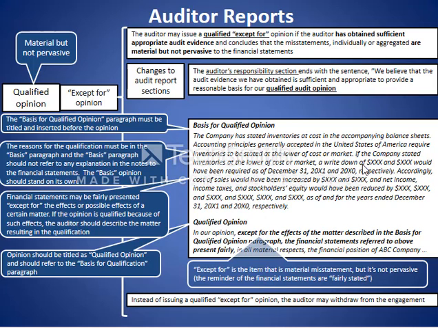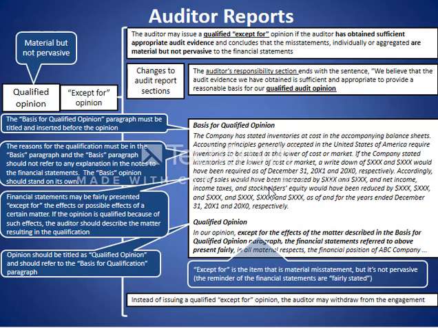Accounting principles generally accepted in the United States of America require inventories to be stated at lower of cost or market. If the company stated inventories at the lower of cost or market, a write-down of X dollars would have been required as of the years audited here, December 20X1 and 20X0 respectively.